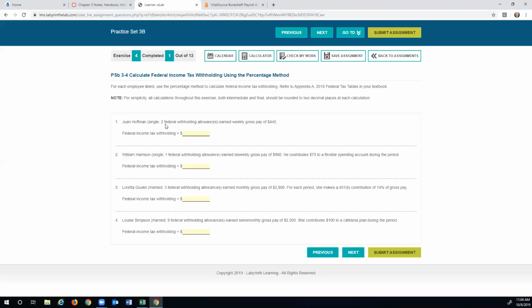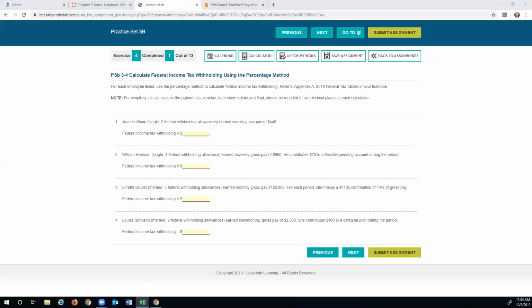And this is a weekly pay, and the pay is $445. Now, they don't ask us to figure out what the taxable income is. This is the gross pay, and there's nothing to indicate that there should be anything subtracted from it, so this is the taxable pay. So let's use the template and see how it works.